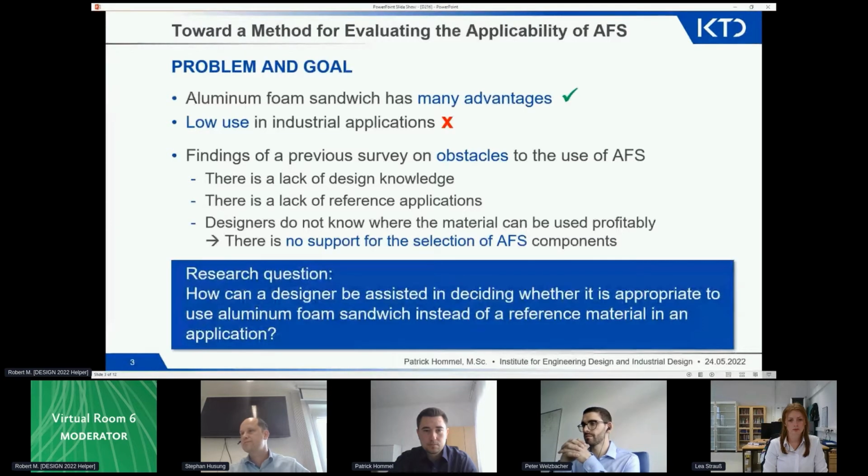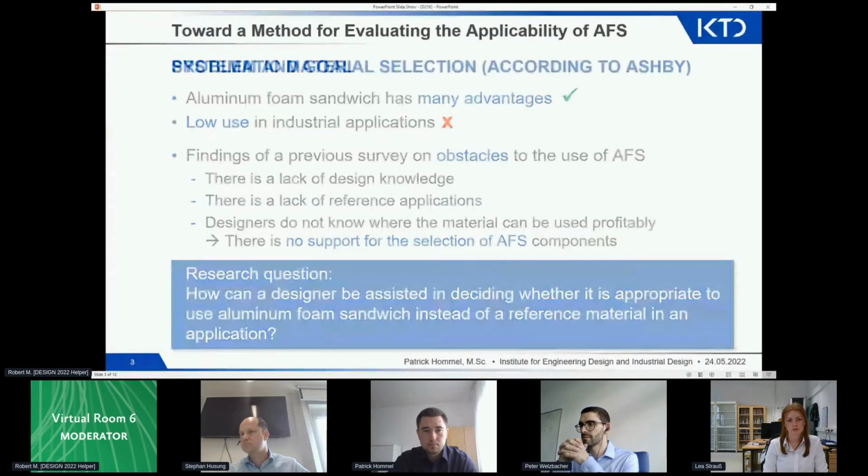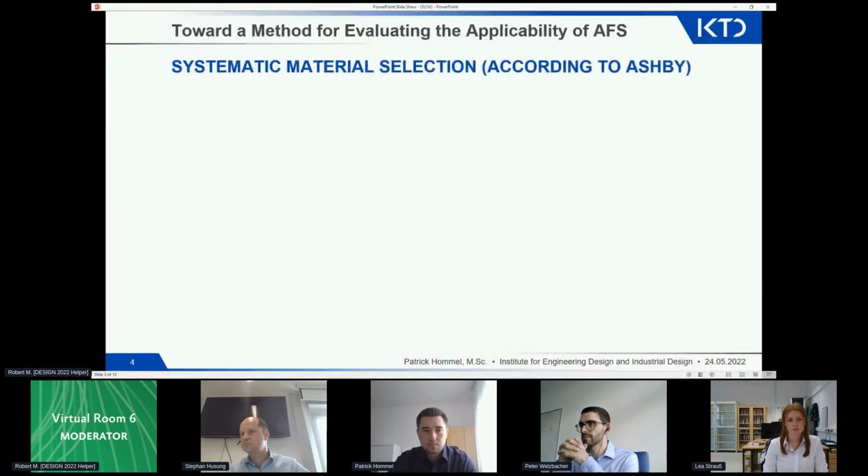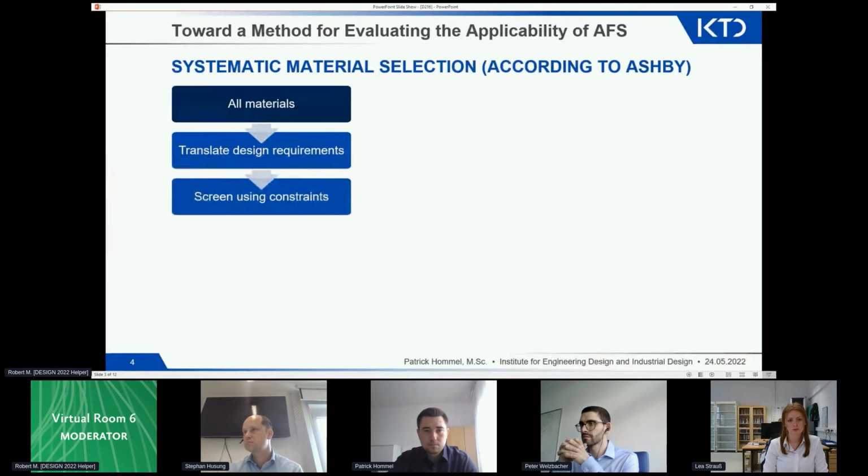Therefore, the main research question of this paper is, how can a designer be assisted in deciding whether it is appropriate to use aluminum foam sandwich instead of a reference material in an application? Let's first take a brief look at the state of the art. A well-known approach for material selection is the method according to Ashby. Here, relevant material properties are derived from requirements so that materials that do not meet these required properties can be excluded.